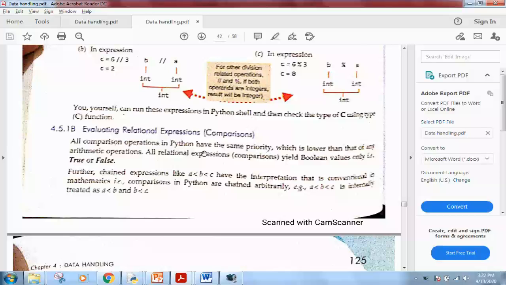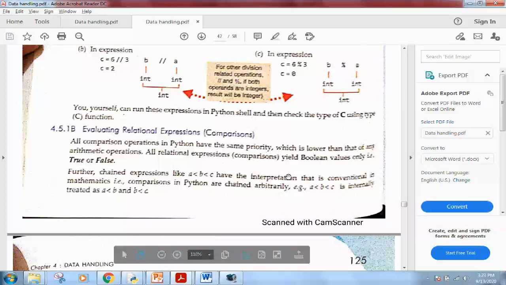So in a relational expression, if arithmetic operators are present, you first solve the arithmetic operations, and then you go to the relational operators and find out the boolean value true or false. So finally all relational expressions will always yield a true or false value.